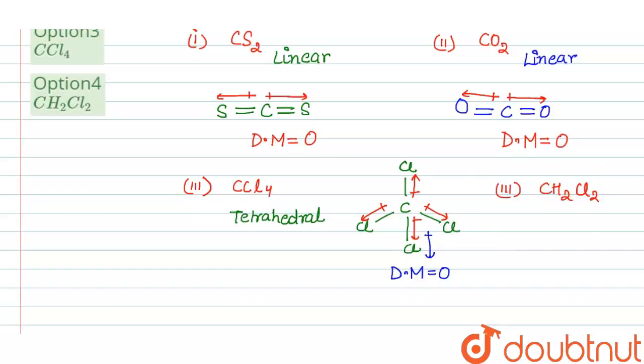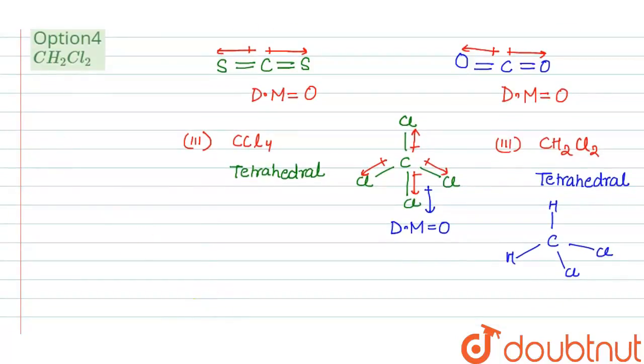Now the fourth one, which is CH2Cl2. So this also has a tetrahedral shape. So if we draw it, it is C, H, H, Cl, Cl. So since chlorine is more electronegative than carbon, the direction of dipole will be towards chlorine here, here also.